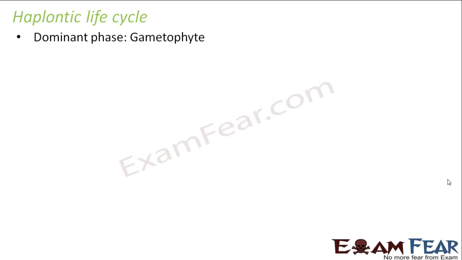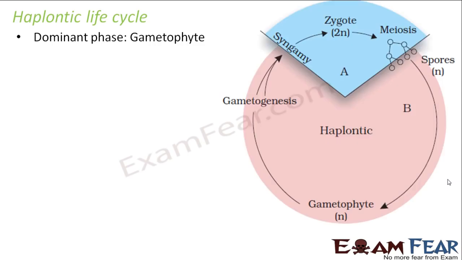Yes, you're right, the bryophytes. In these plants, the gametophytes are a long-lived, more distinct, independent phase of the life cycle. So let us look at how this cycle looks. Here if you see, this pink region shows the gametophyte.